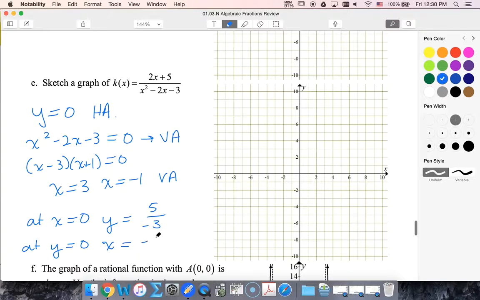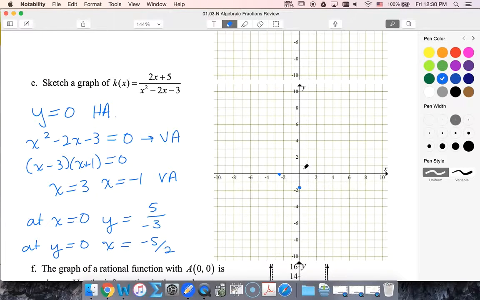So that would be -5 halves. So I'm going to start by putting all of these things on my graph. So 0, -5 thirds, so 0, and then -1 and 2/3 is going to be around there. And then -2.5, 0. So -2.5, 0 is here.